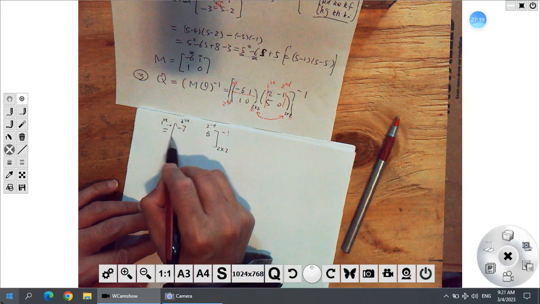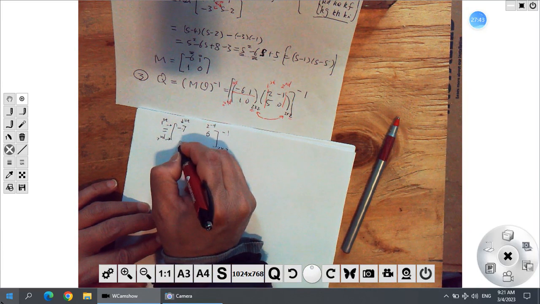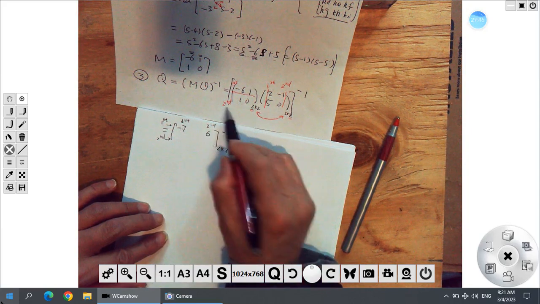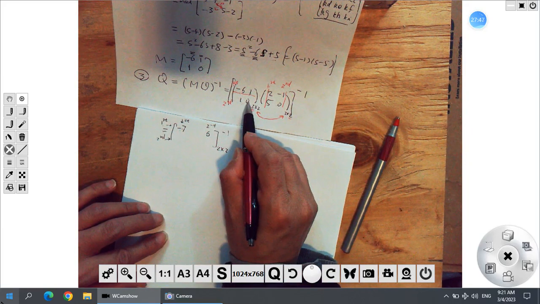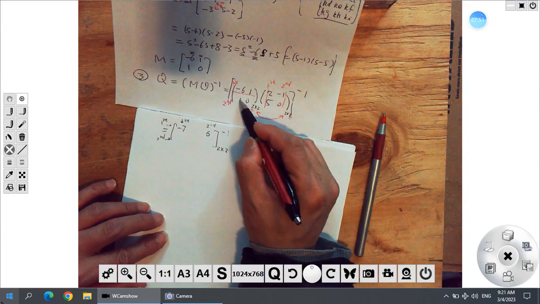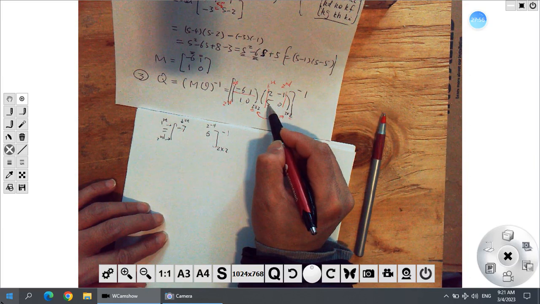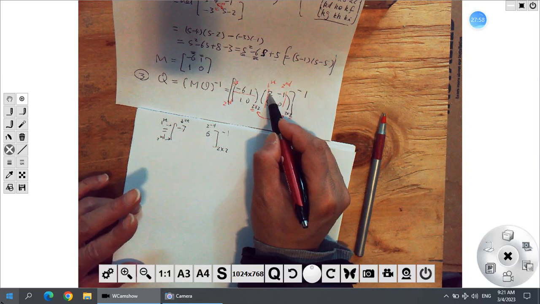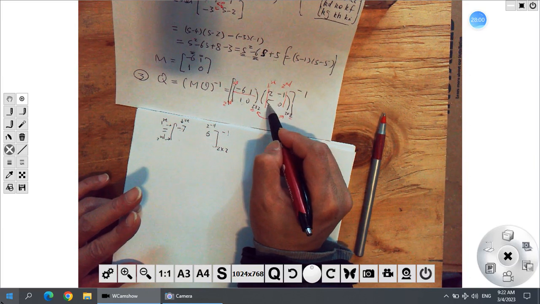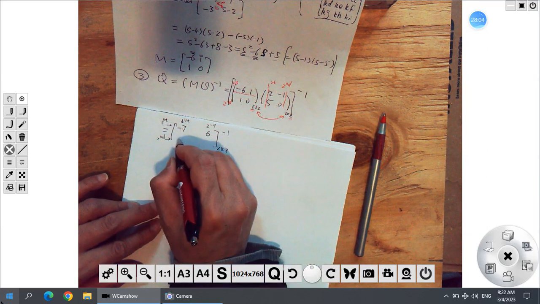Then this element. This is the second row and the first column. So here we choose second row and first column. So I have 1 times 2 plus 0 times 5. 1 times 2 is 2. 0 times 5 is 0. 2 plus 0, I got 2.